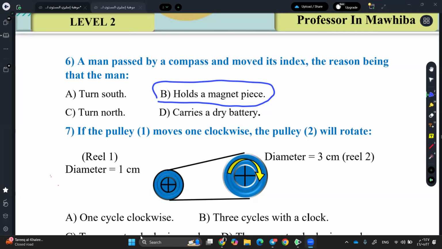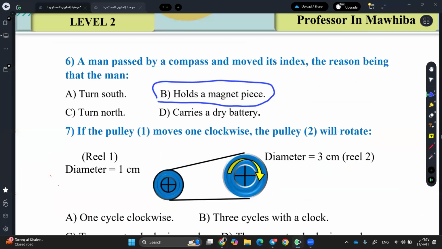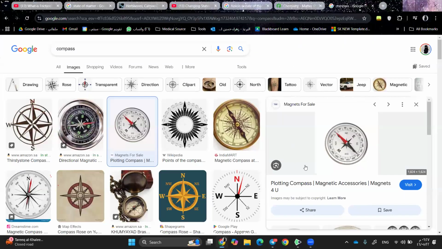So here a man passed by a compass and moved its index. Index is the red arrow here. This is the index, okay? And the reason is that the man holds a magnet, so this index from the compass will move in response to the magnet.